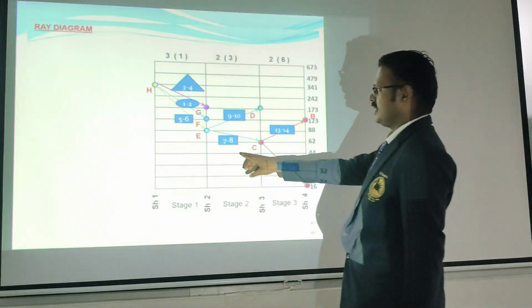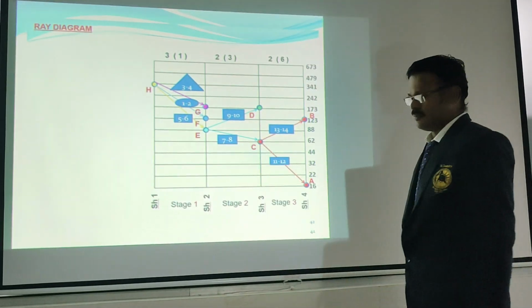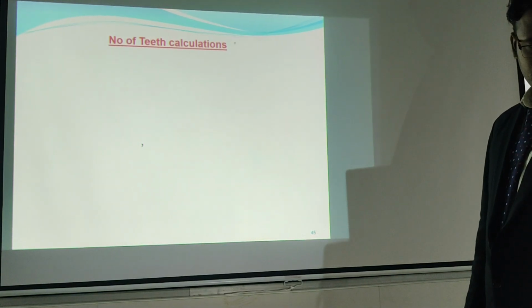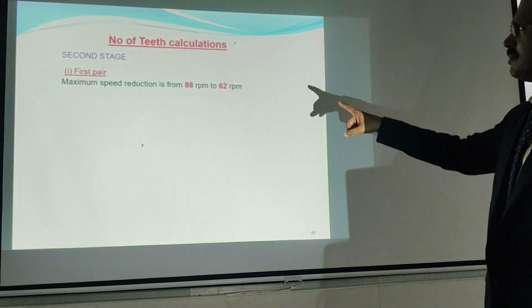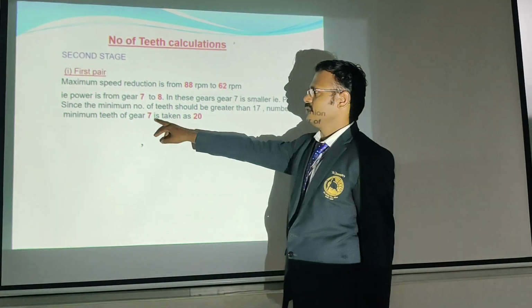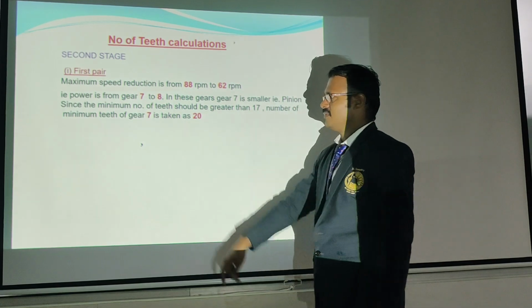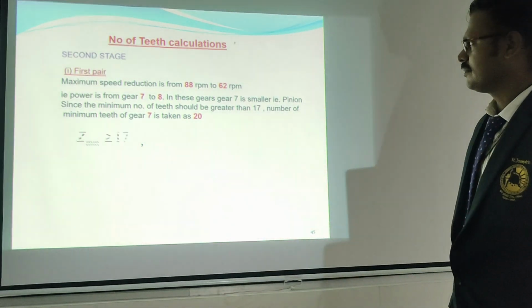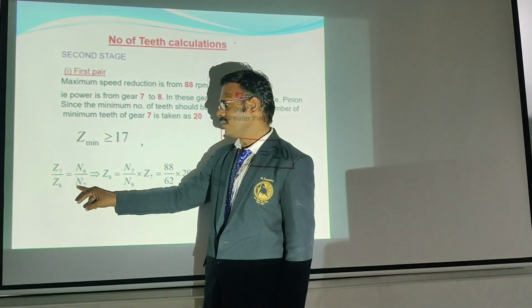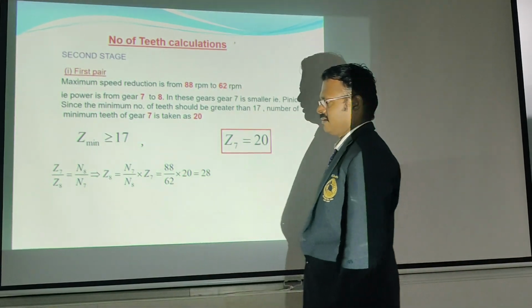And the minimum number of teeth Z7, you can assume it as 20. That we will do. So second stage first pair 88 to 62. So 7 to 8. So the minimum here we can assume it as 20. So Z7 divided by Z8 equal to N8 divided by N7.